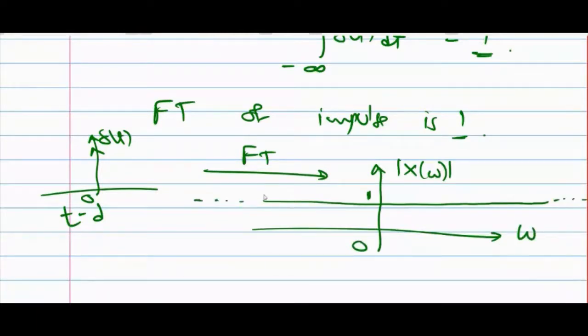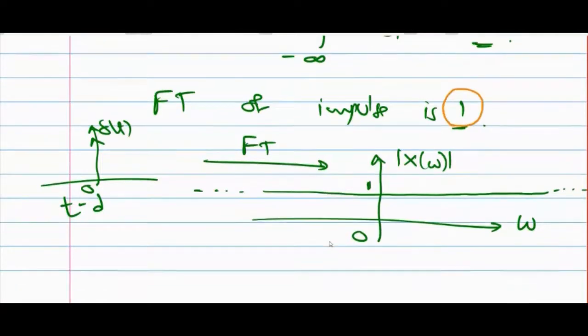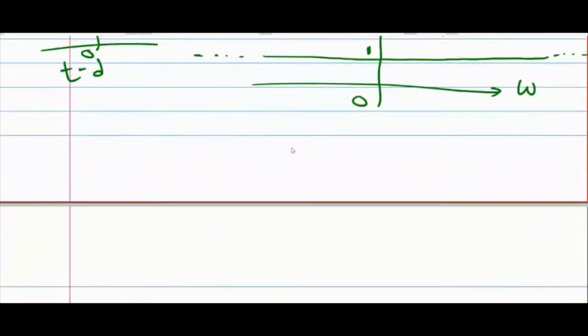As you can see, there is no imaginary term, only constant 1 is there, and angle is nothing but tan inverse imaginary upon real. So tan inverse 0, because imaginary is not present. So its phase spectrum will be simply 0. This is the phase spectrum of delta t.